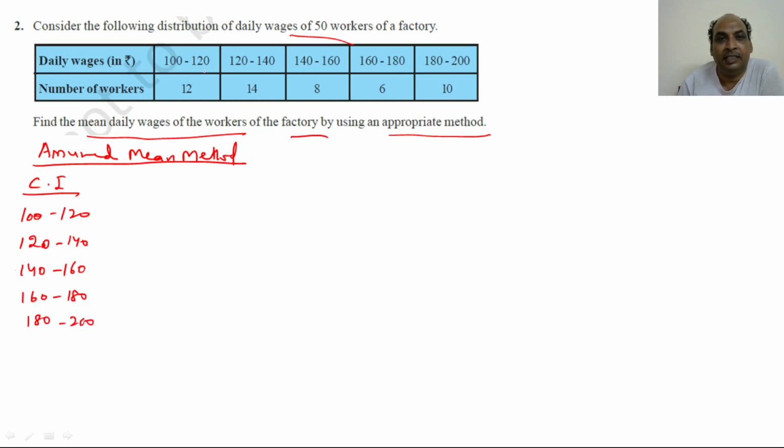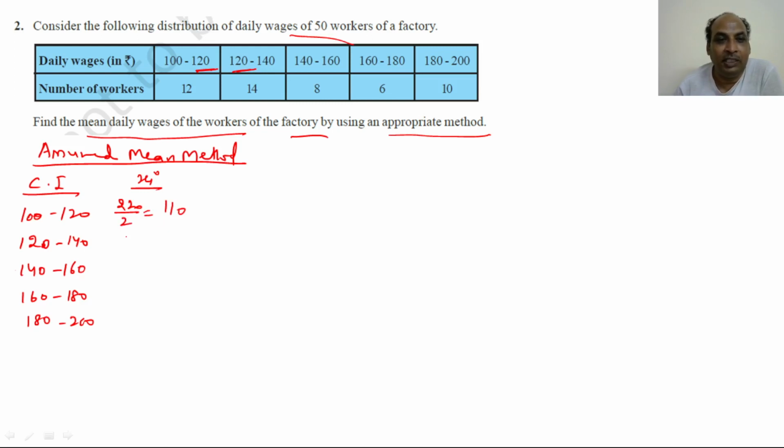Once again, check that the upper limit and lower limit of previous and succeeding class intervals should be the same. Now xi: 100 plus 120 is 220, divided by 2, so it gives us 110. It will be divided by 2 only.